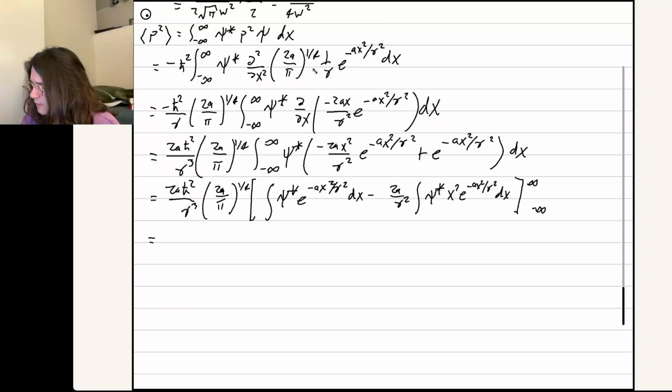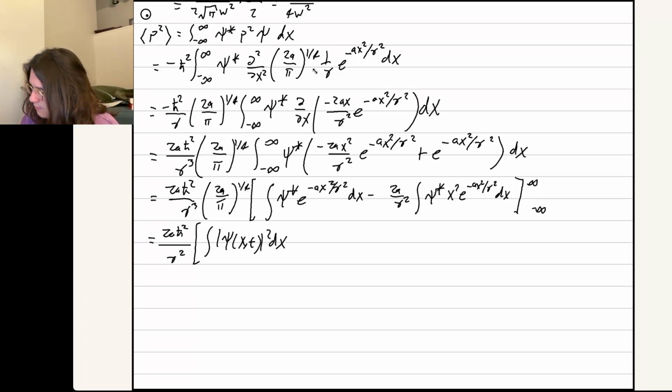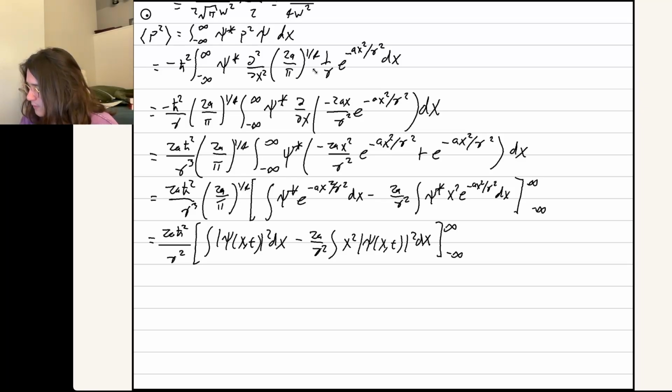By killing a factor of gamma in this denominator, so it's just gamma squared down here, and by getting rid of the 1/4 thing, we will have an integral of the mod squared of psi minus 2a over gamma squared integral of x squared mod squared psi dx. And both of those integrals we've actually done before. Well, actually, we haven't done the first one. But that's okay.